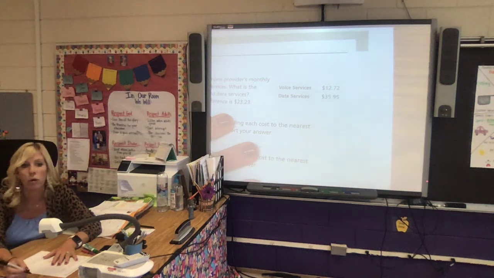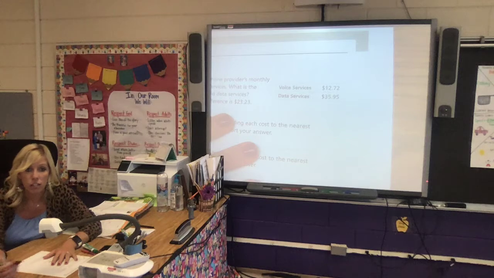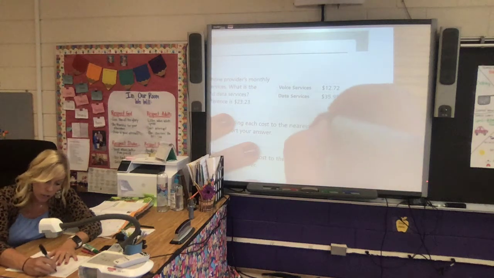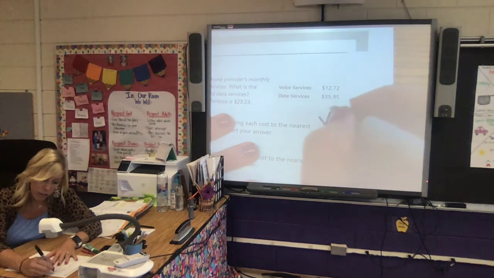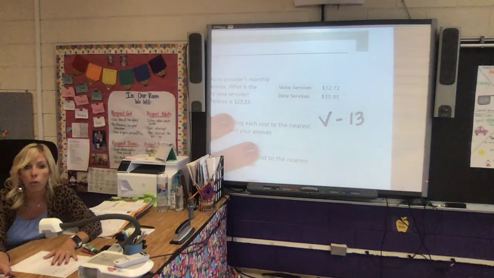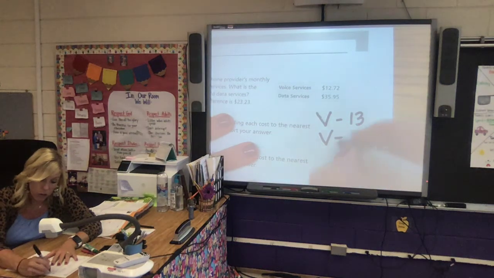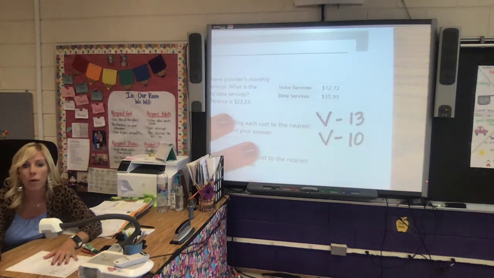Voice services are $12.72. First, let's do a reasonable estimate. And it's up to you how you do that. You might want to round your voice service to $13, or you might change your voice service to $10 if you're rounding that way.